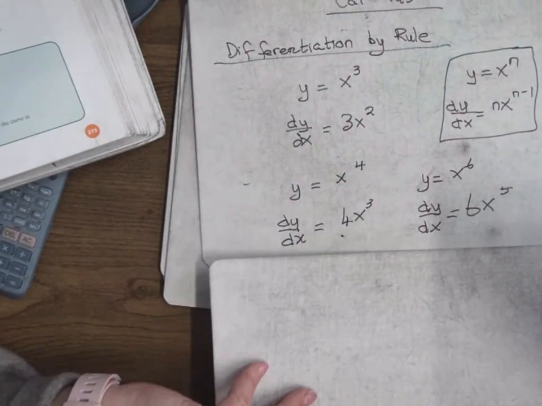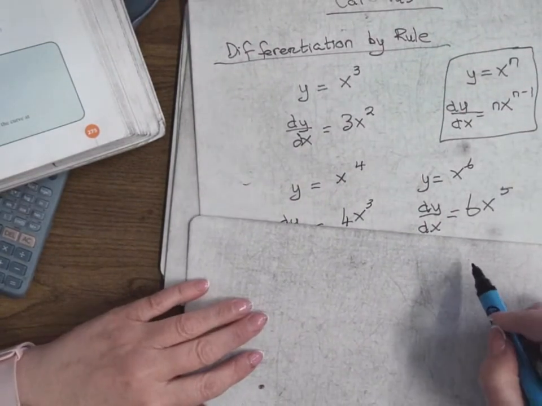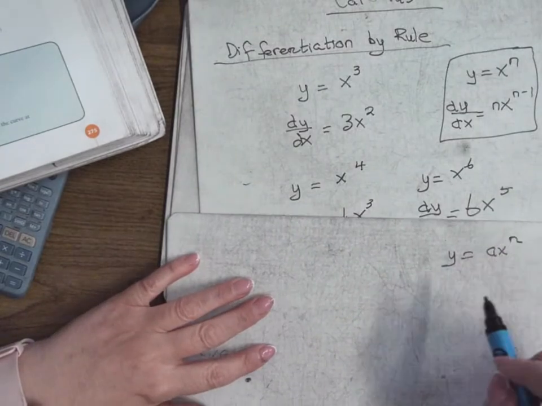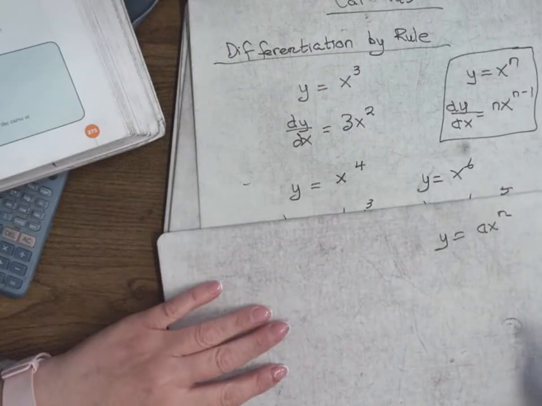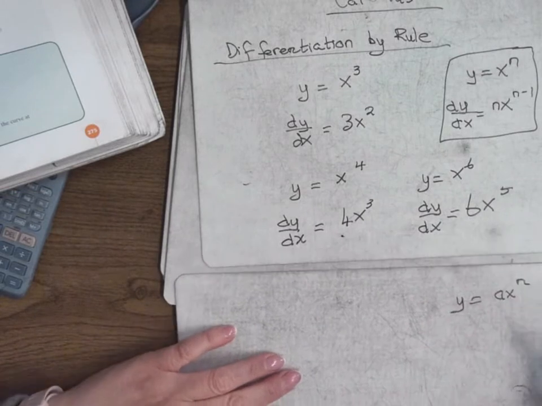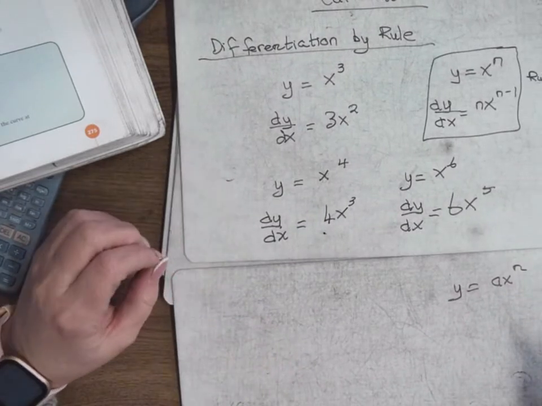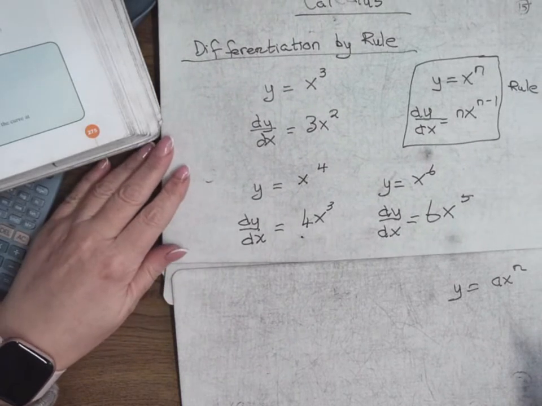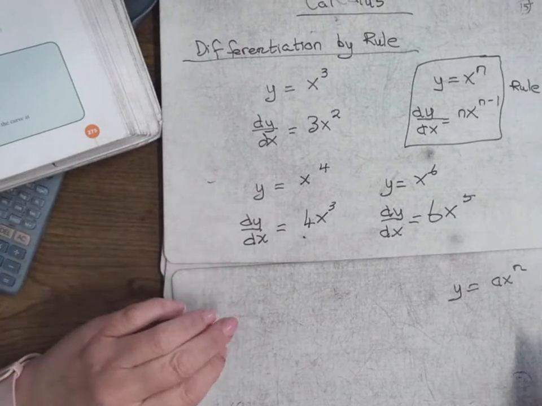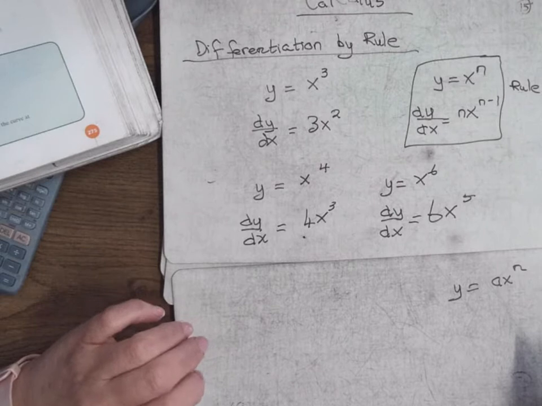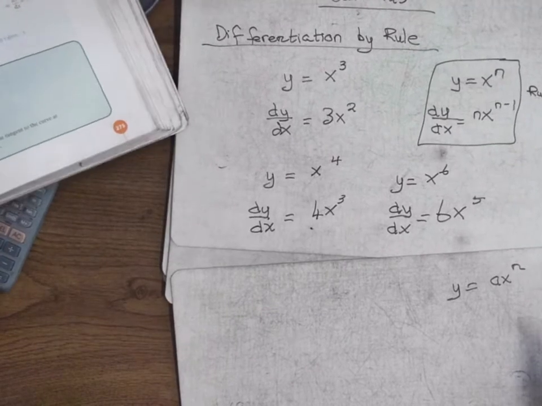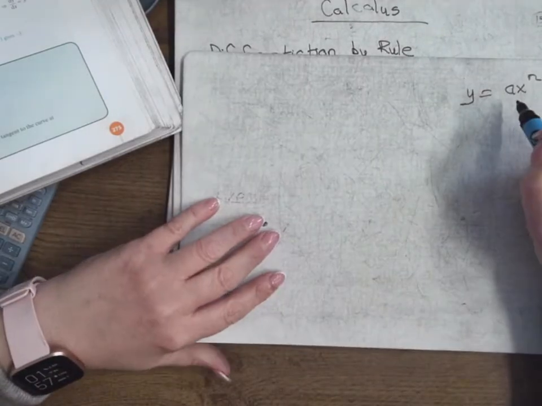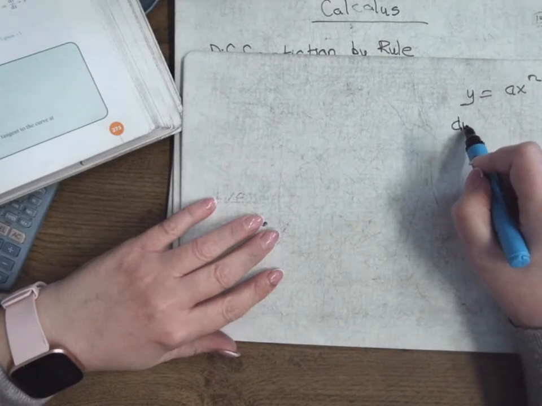Now, as an extension to the first rule, if there's a constant in front of the x term, you'll see what I mean in a minute when I show you an example.